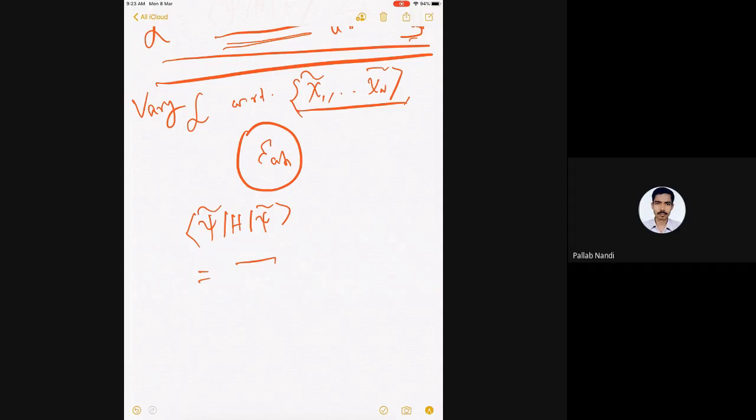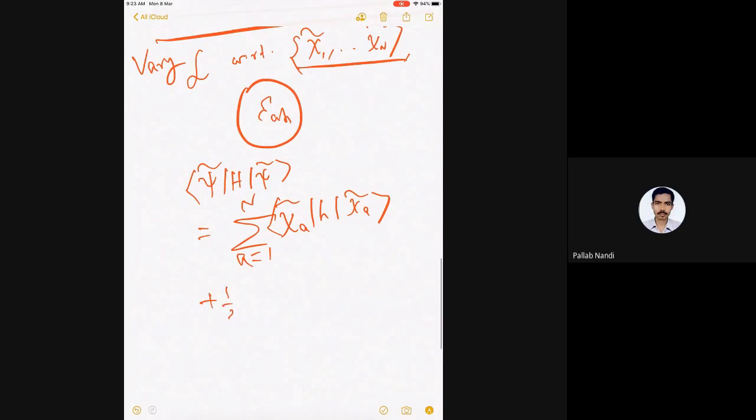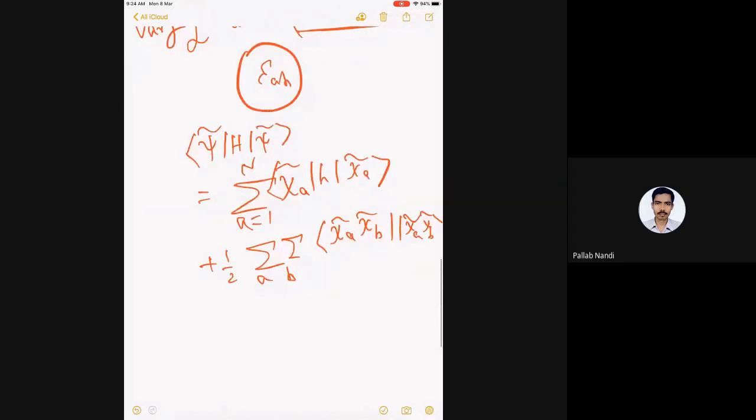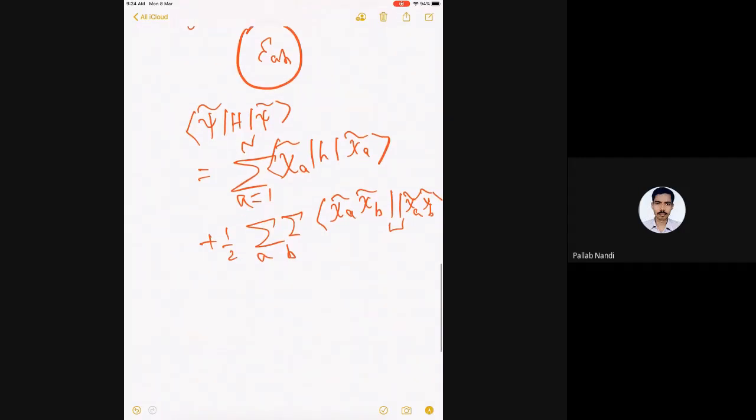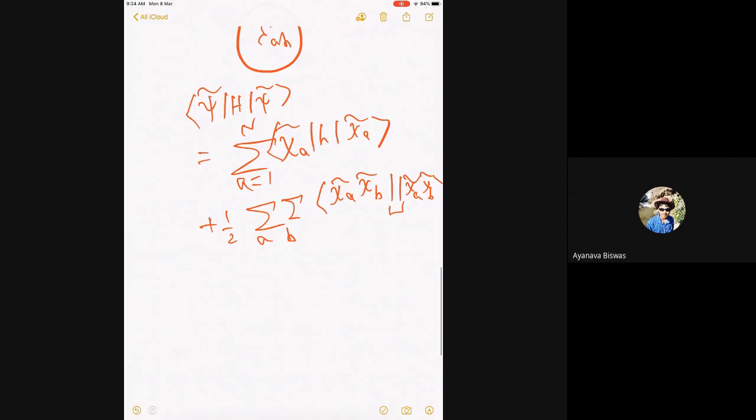The expansion is the following: sum over A, chi A tilde H chi A tilde, A equal to 1 to n, plus half sum over A, B, a double summation, chi A tilde chi B tilde, a two-electron integral which is anti-symmetrized. Is that the notation used? There is an operator here with a half factor.